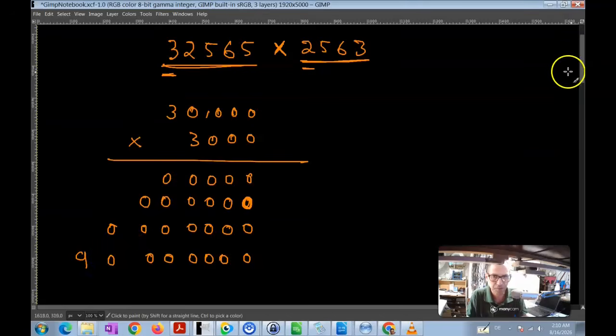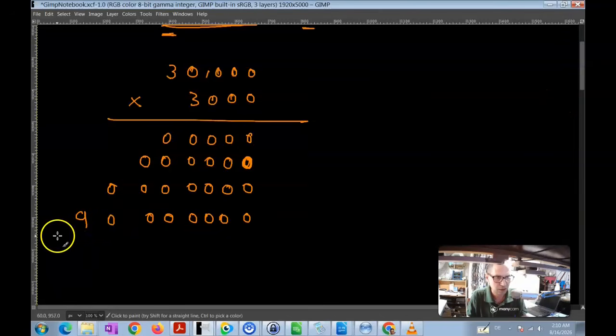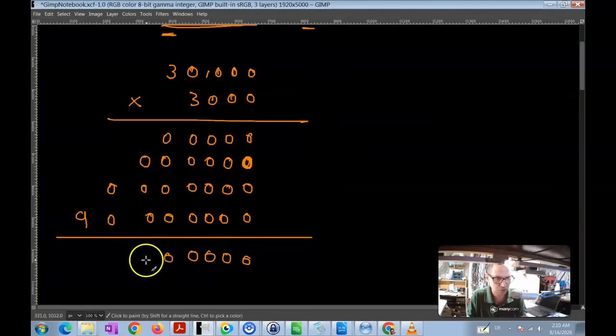So you see that now there are the zeros and a 9. The number of zeros is 7, and that's 4 plus 3 equal to 7. And this 9 is 3 times 3, which is 9.